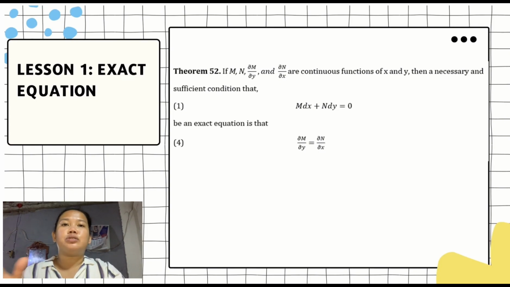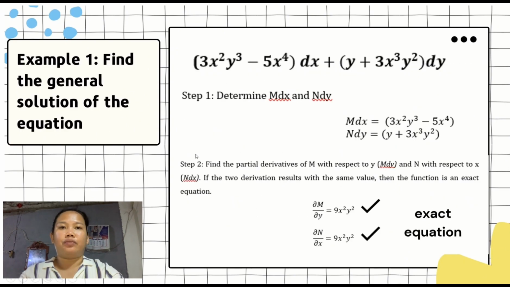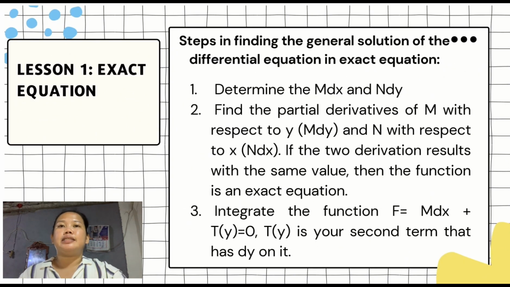So for us to find the general solution and to test for the exactness of an equation, we have here our steps. For the first step, we have to determine the m dx and n dy.